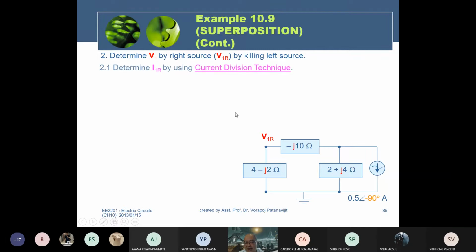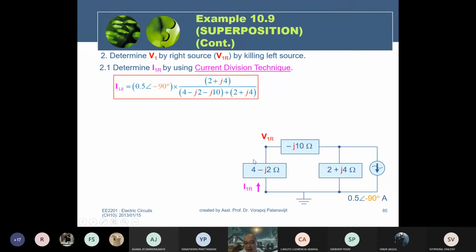From the current divider technique, the total current flowing in this resistor, the impedance branch, equals the total current 0.5 at minus 90 degrees multiplied with the impedance in the other branch. The impedance in the other branch is 2 plus 4j, over the sum of all. The sum in the left hand is 4 minus 2j minus 10j, and 2 plus 4j is here. After that, you get I. The key is here. Be careful.